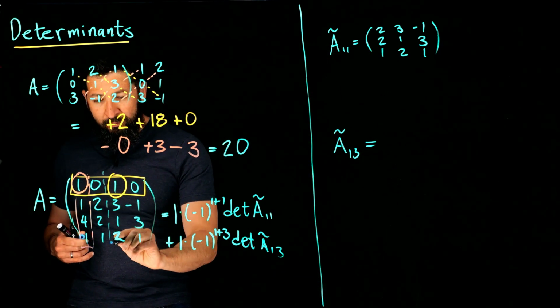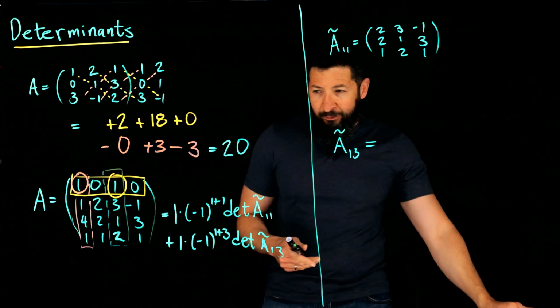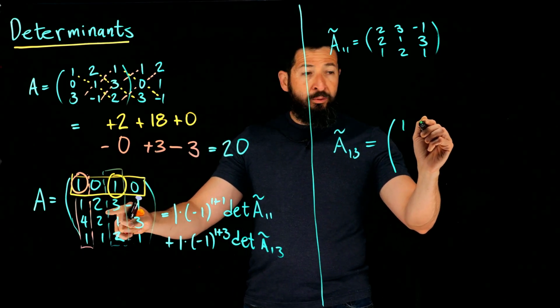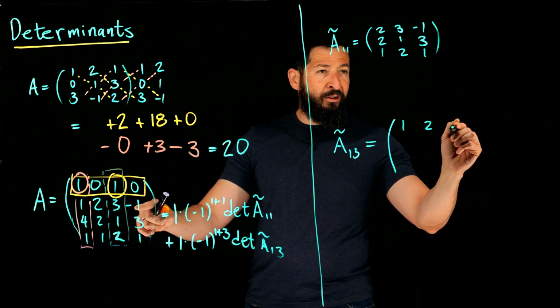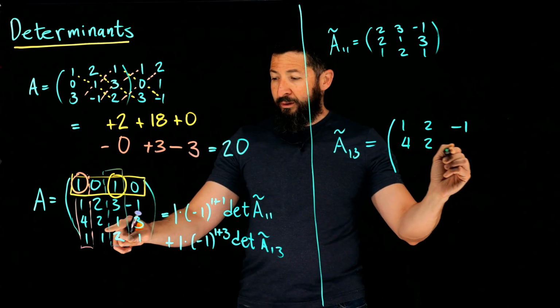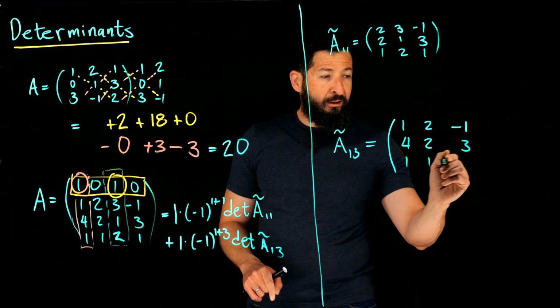I'm eliminating this one over here. Okay, so what am I left with? 1, 2, and negative 1, 4, 2, 3, and then 1, 1, 1.